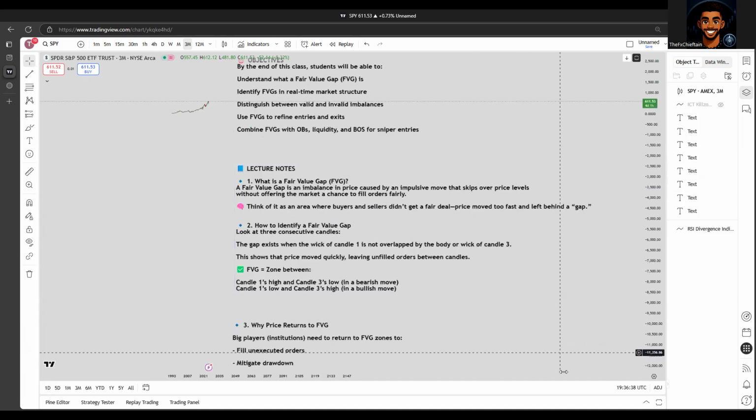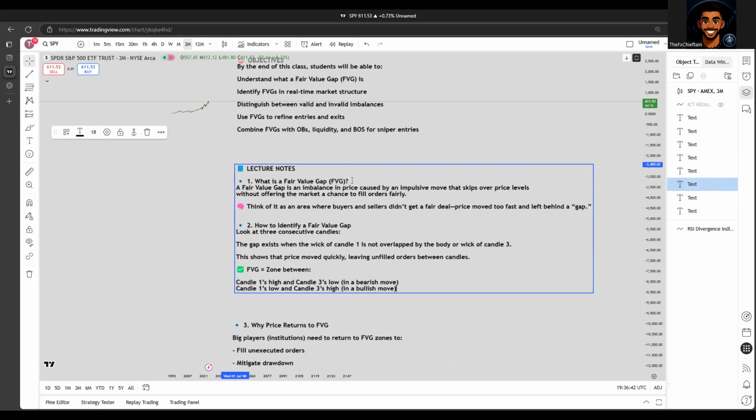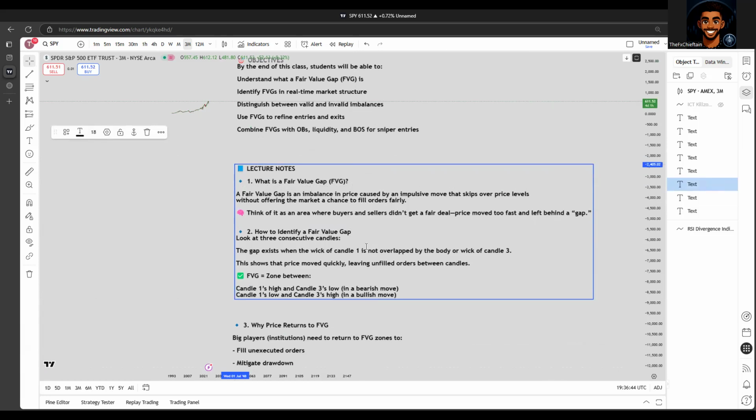Now, our lecture notes go like this. What is a fair value gap? What is fair value? That's a question you want to ask yourself. A fair value gap is an imbalance in price caused by an impulsive move that skips over price levels without offering the market a chance to fill orders fairly, right?